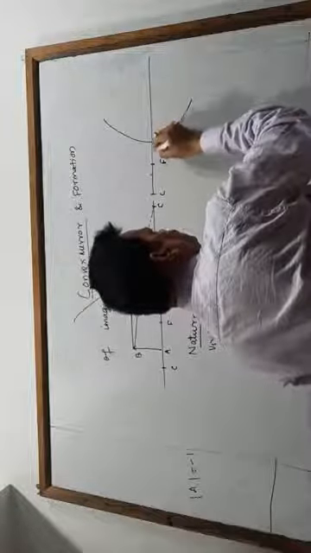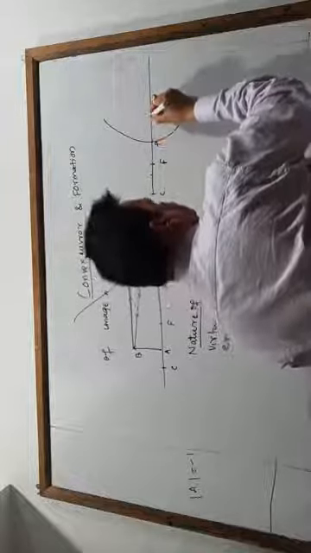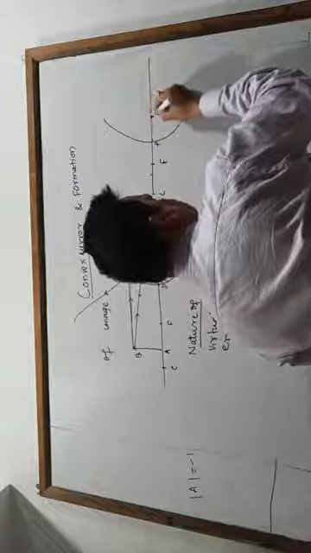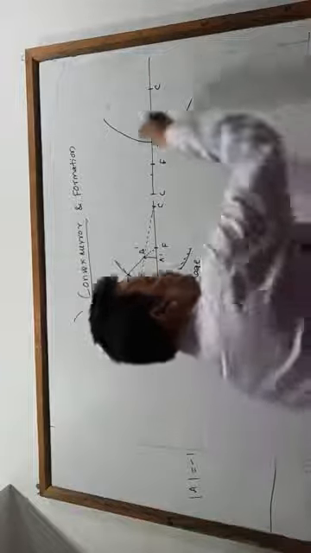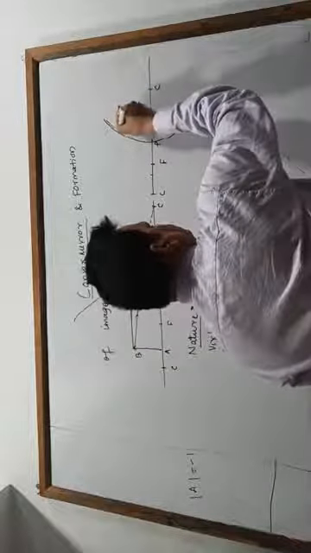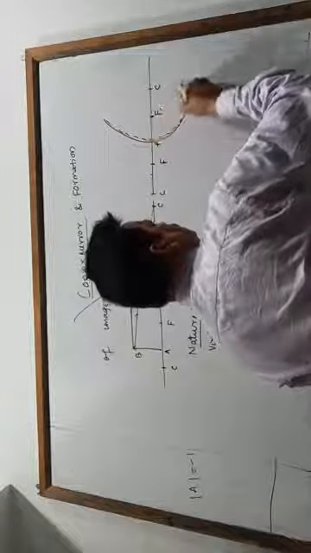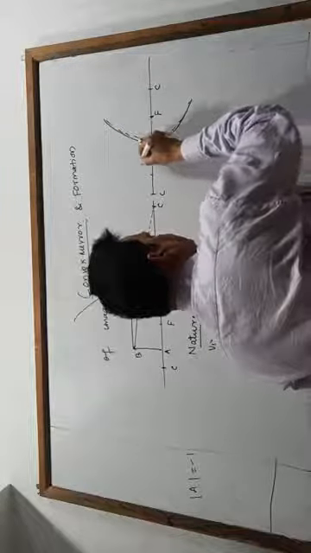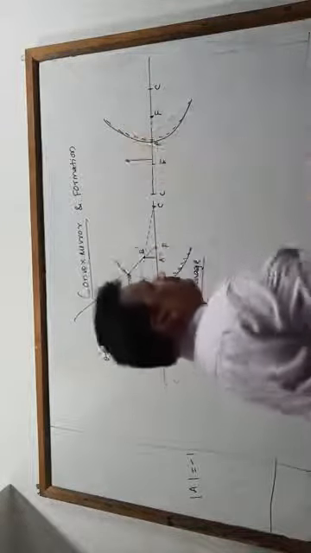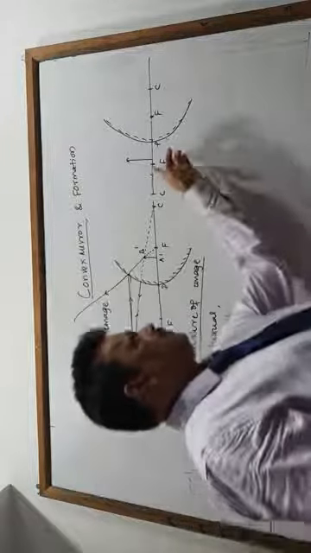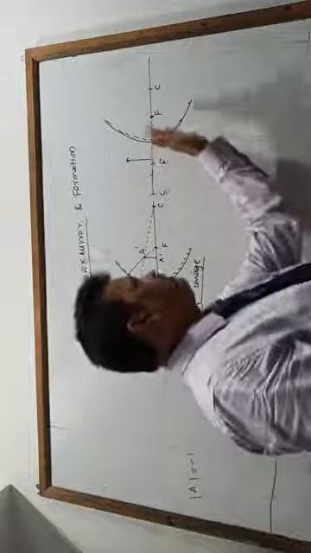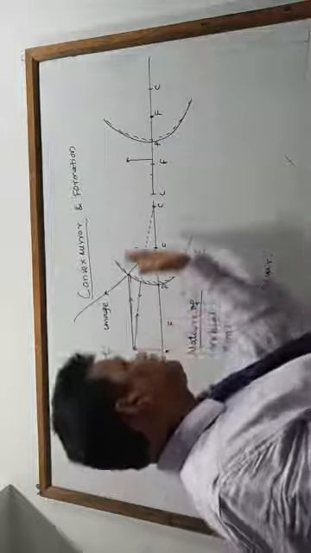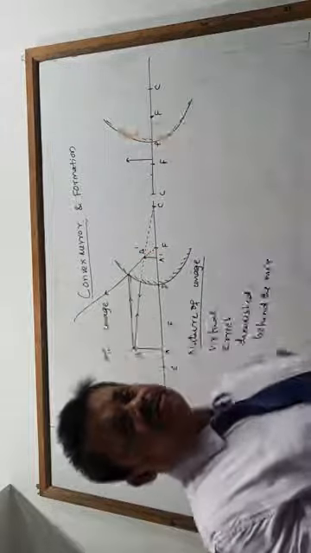This is your pole. Now this is focus. This is your center of curvature. So place any object in between focus and pole. That I have kept outside somewhere. I am just observing what will happen when I take this object closer to the mirror.